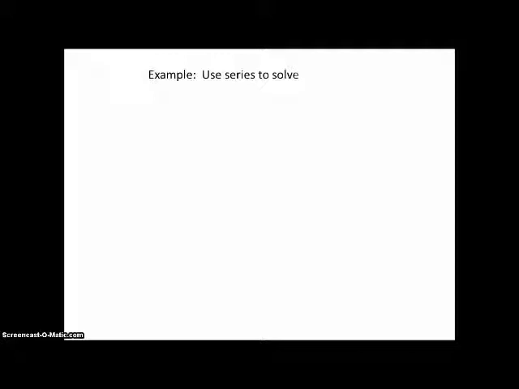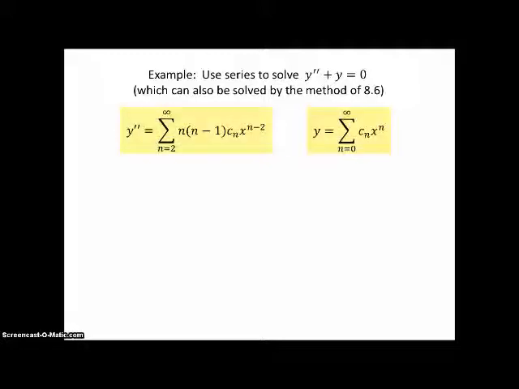Okay, here's another example. Use series to solve the second order differential equation, which can also be solved by the method of 8.6 because the coefficients are constant. So here's our second derivative series formula and our regular function series formula. And so we add those together and set them equal to 0.